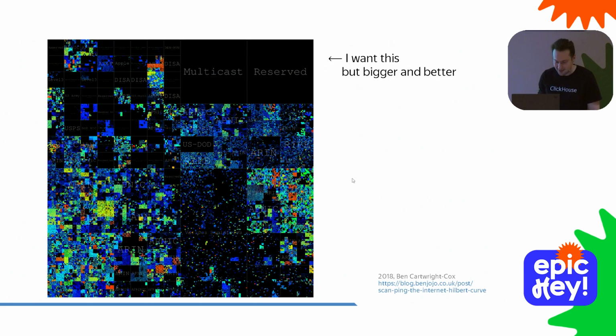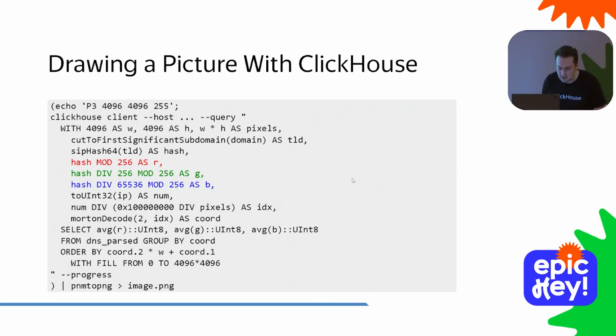I want all IP addresses, and this picture is just too small. So let me draw a picture with ClickHouse. It is possible. I will do it with a small shell string containing just one command. Almost one command.